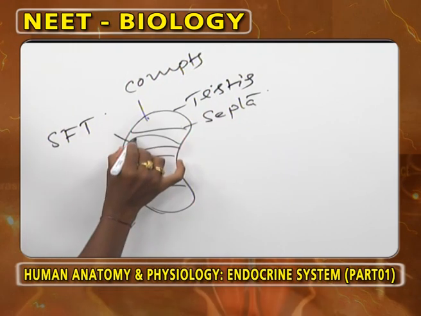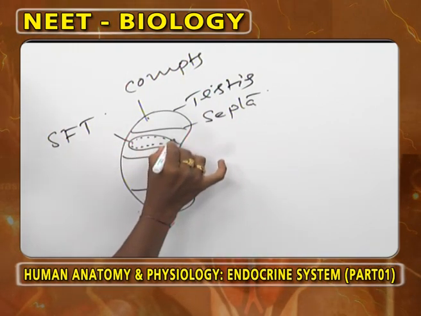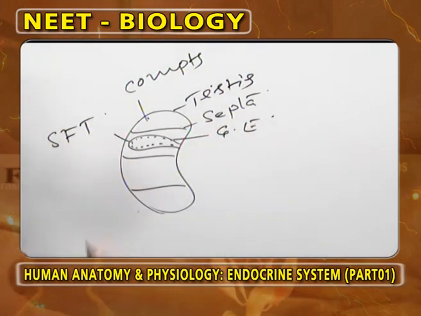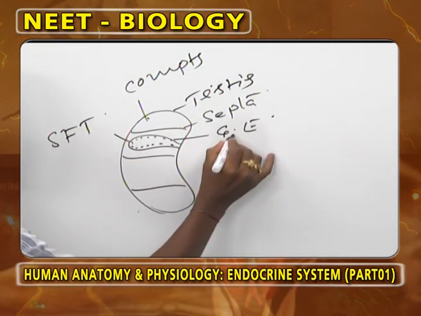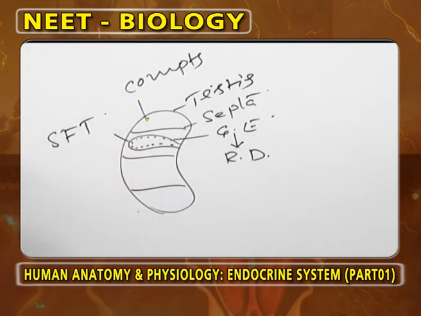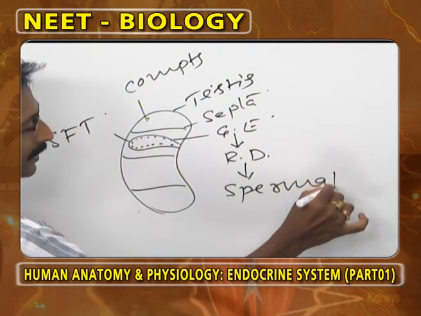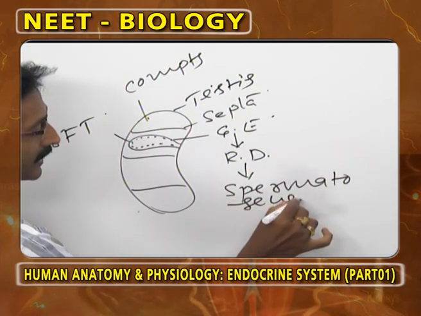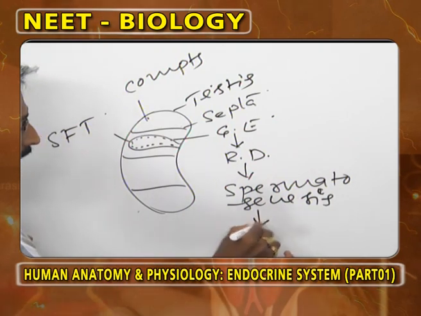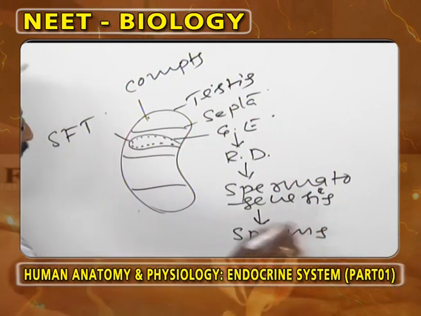The seminiferous tubule is lined inside by germinal epithelium. The cells of the germinal epithelium undergo reduction division, which is called spermatogenesis. After completing the reduction division, we get the haploid sperms.